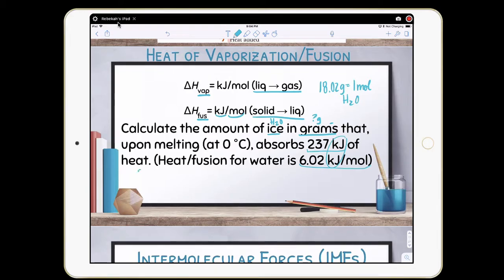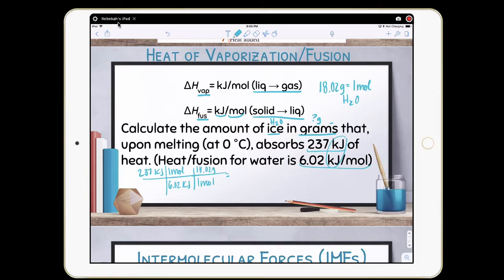So let's start with our 237 kilojoules. We're going to use our 6.02 kilojoules down here, 1 mole up top. 1 mole on the bottom, 18.02 grams here.